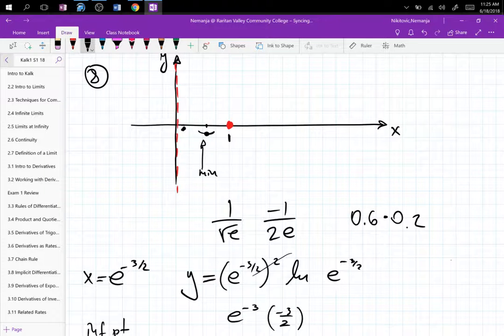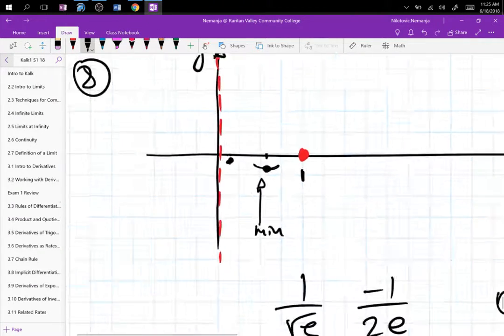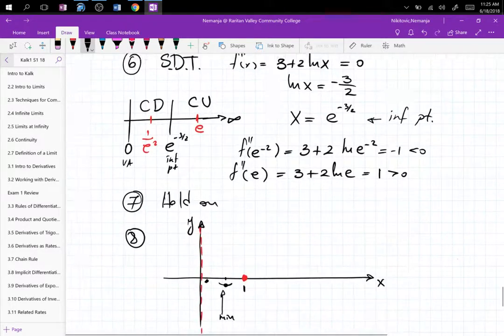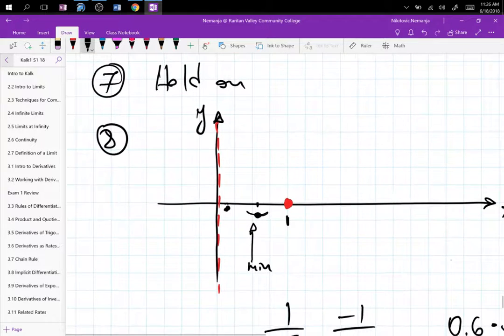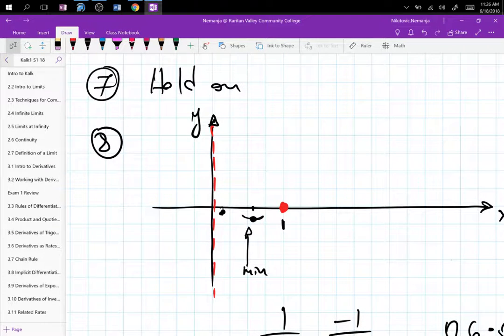So what does it say? Concave down, concave up. Okay, so now we need to connect this and then we're done. Connect it like that, but let me see. Concave down up to, okay. Wow, this problem is insane.